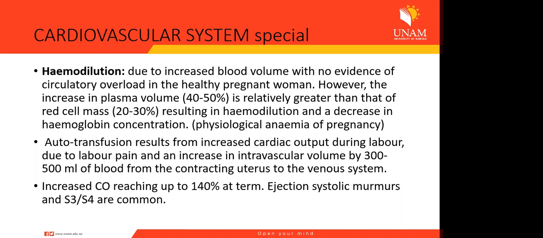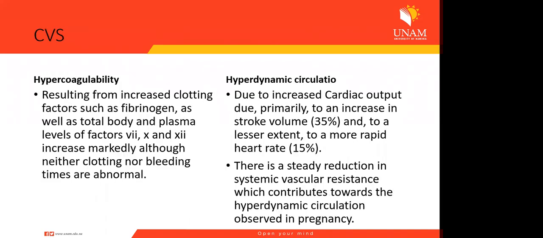There's an increase in cardiac output up to 140% of baseline at term. Then we have the hypercoagulopathy, the increase in coagulation factors, fibrinogen, and factors 7 to 10 I mentioned before.